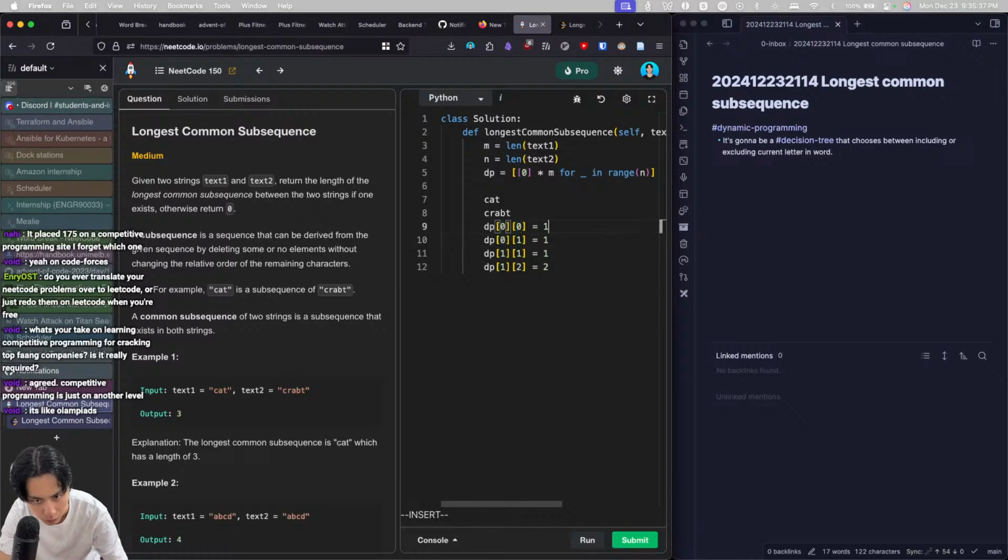So look, we'll do some stuff. So this is directly after, and this is after some time you reach DP of 1, 0. And when you get DP of 1, 0, that means CR and C, that gives you 1.